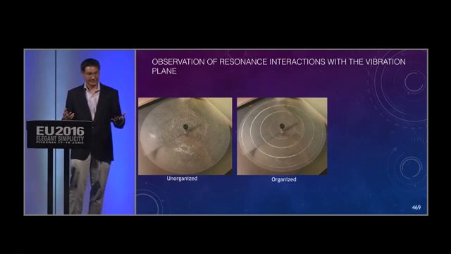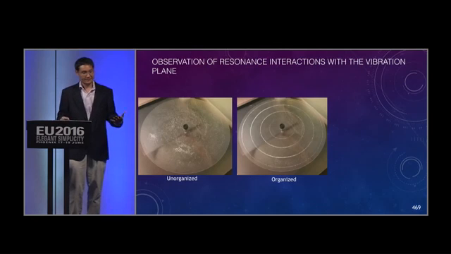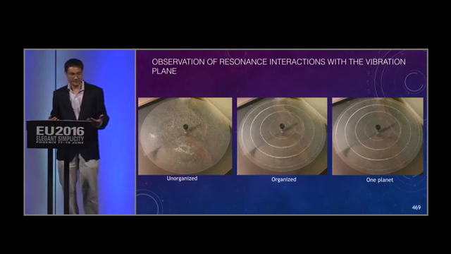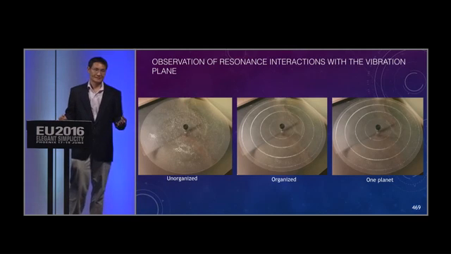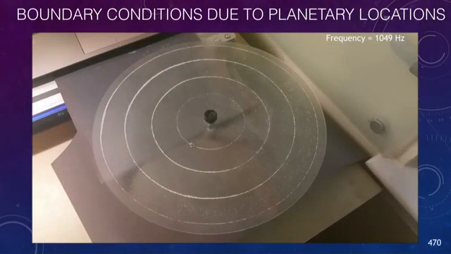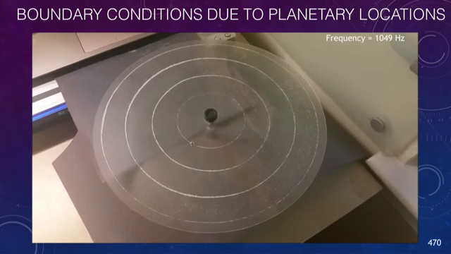And of course, we now start to introduce planets as boundary conditions. So what happens if you put more planets or dots into a system? That's one planet. Now we go to 2 planets.